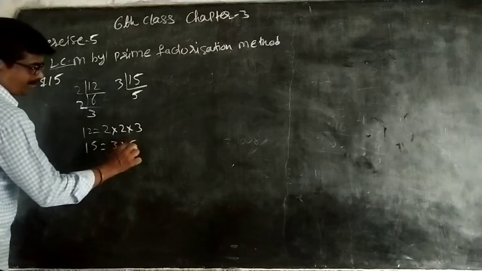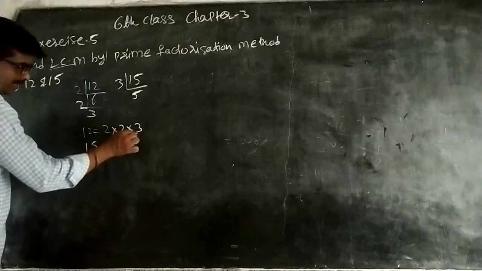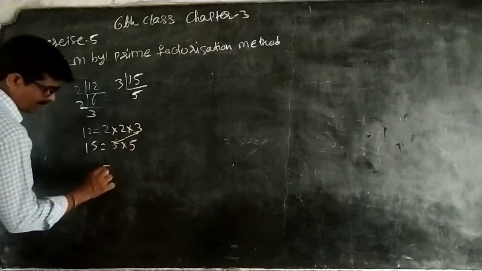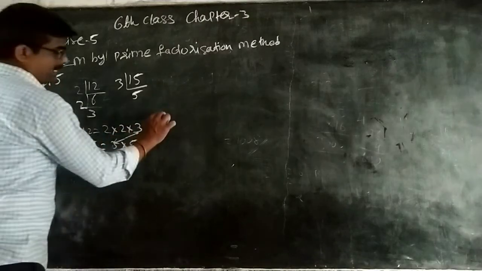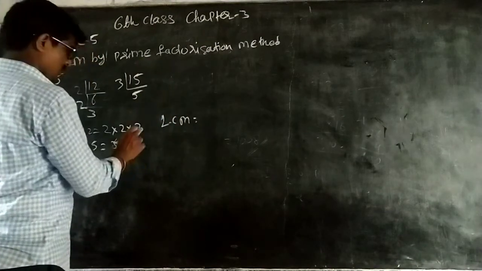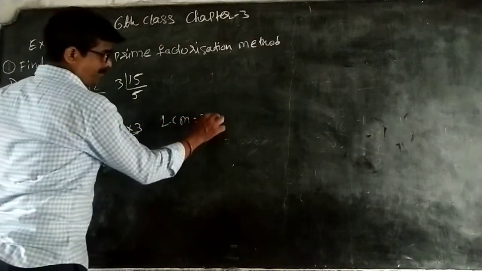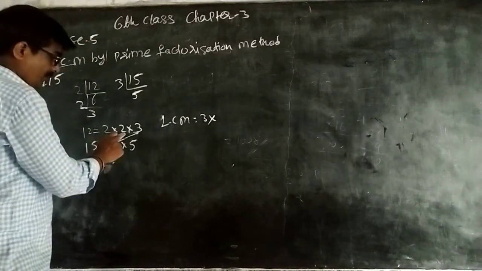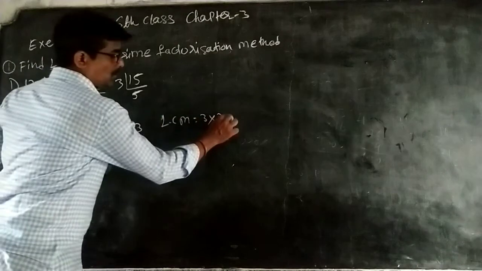So in this, which is common? 3 is common. If a number is common, you have to take it only one time. So how do we find the LCM by prime factorization? First you have to take one 3. Next, you take the different ones, the extra 2s: 2 and 2.